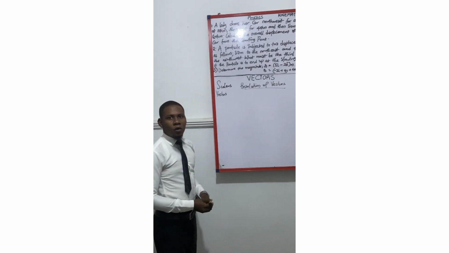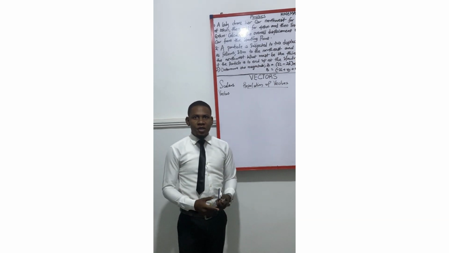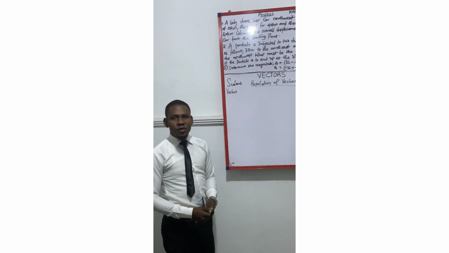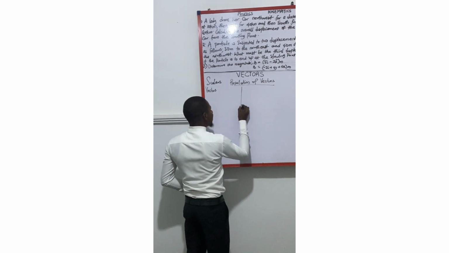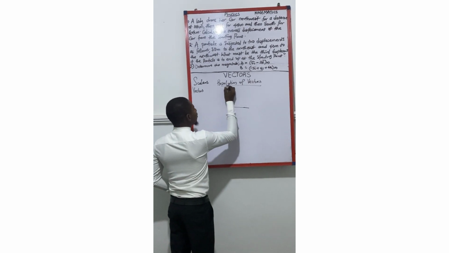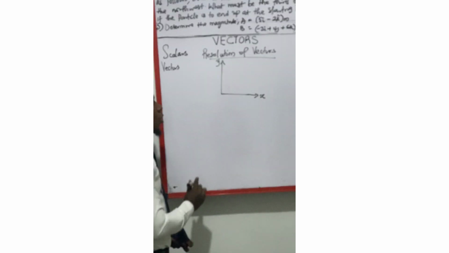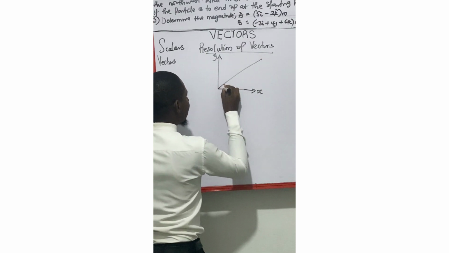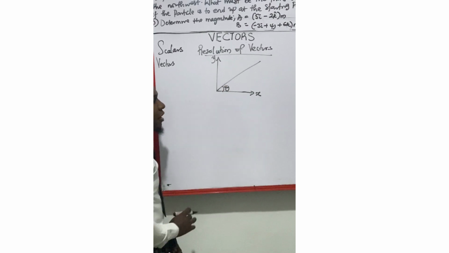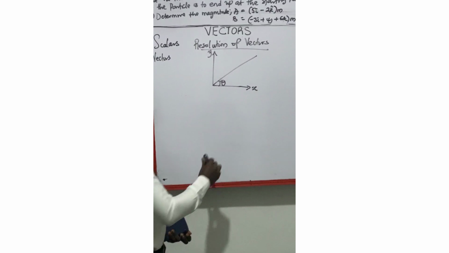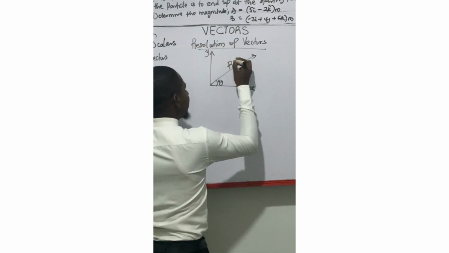Vectors can be resolved in two different ways, either in the horizontal component or in the vertical component. So we have here as the vertical component, we have here as the horizontal component. Let's say this vector is attached to a direction theta, okay, and this is the resultant.